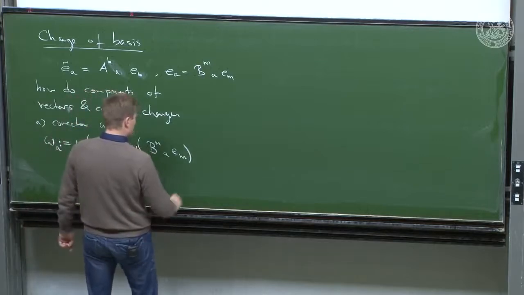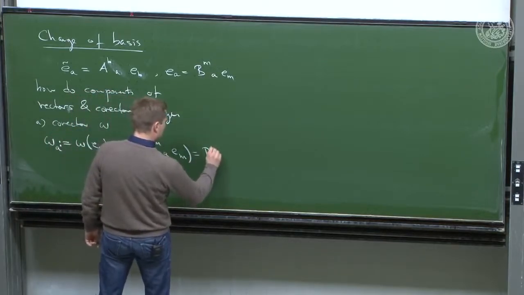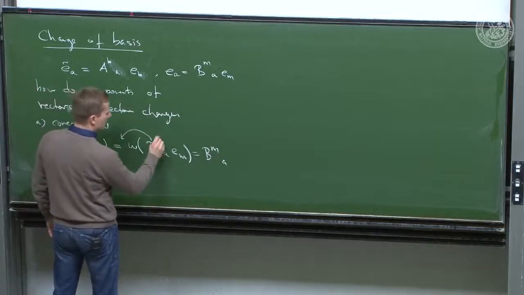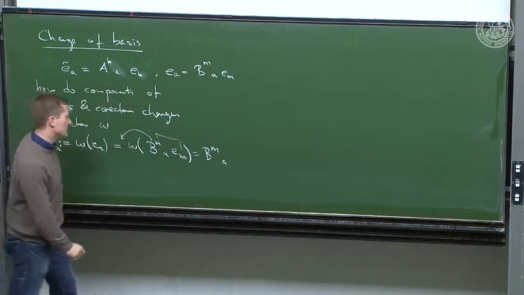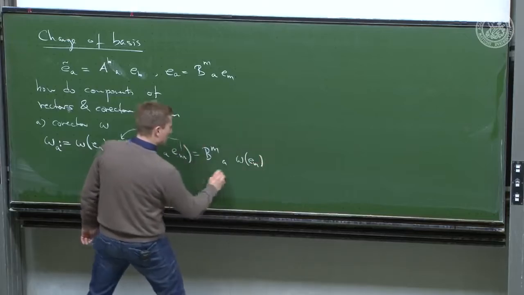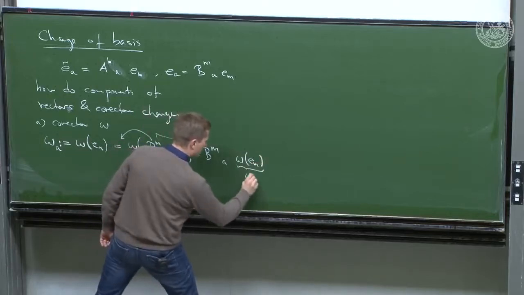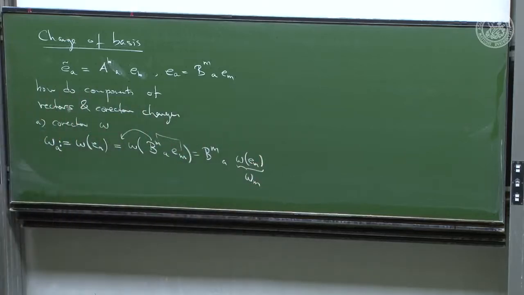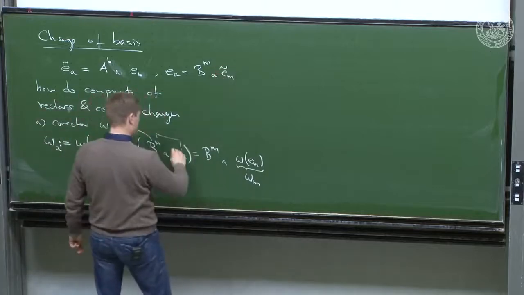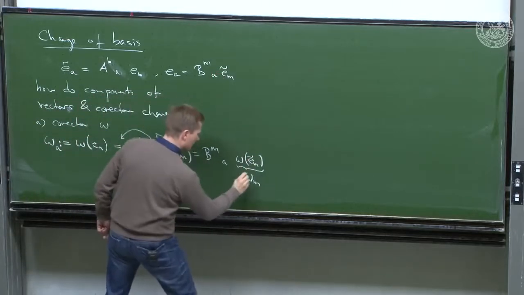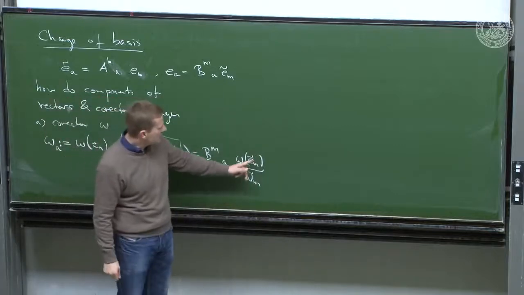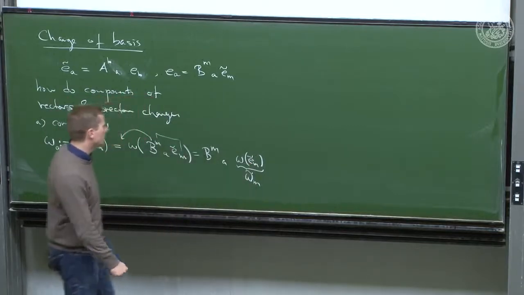You have this, and you get here B^M_A. This is linear, so you can pull out the numbers, you can pull out the invisible sum sign. So you have omega of E_M, but this is nothing but omega_M. That means if you change a basis, sorry, there's the twiddle missing here, here and here, these are the components of omega in the twiddled basis, called omega twiddle.